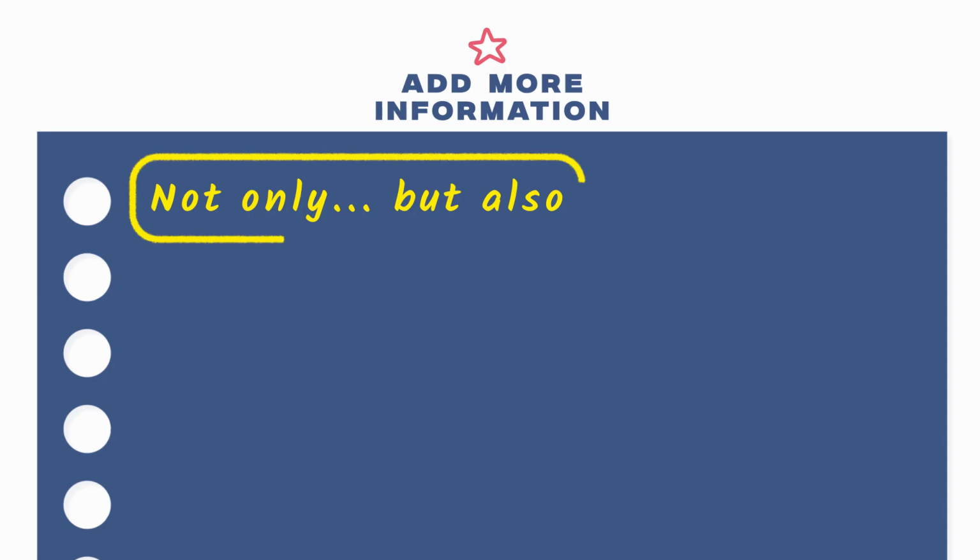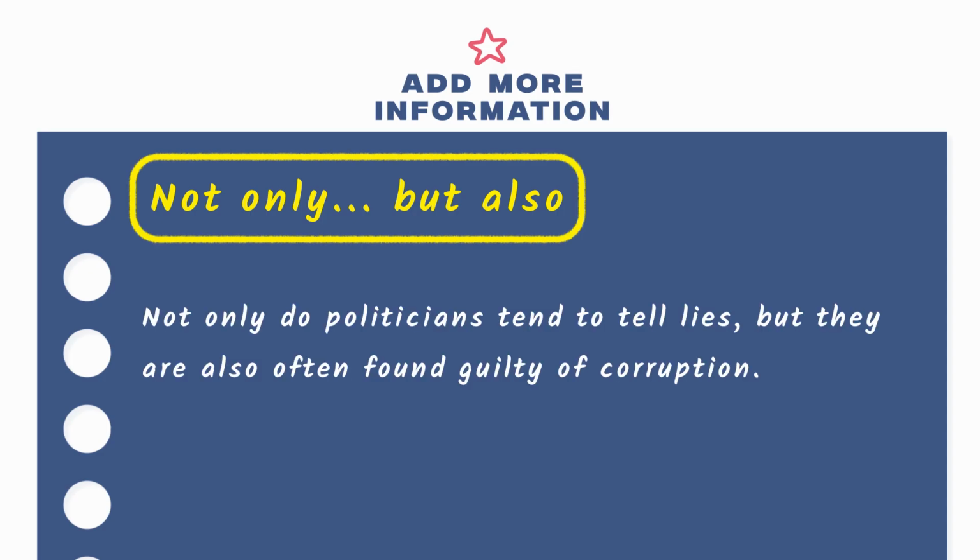And the last one is the structure, not only, but also. For example, not only do politicians tend to tell lies, but they are also often found guilty of corruption. So you see how I use this structure in order to add more information.